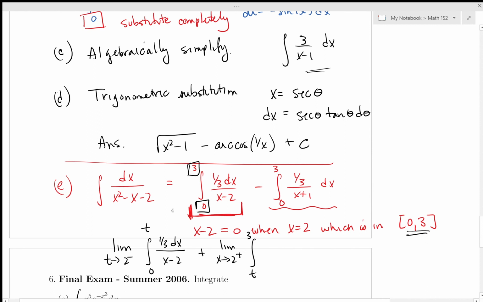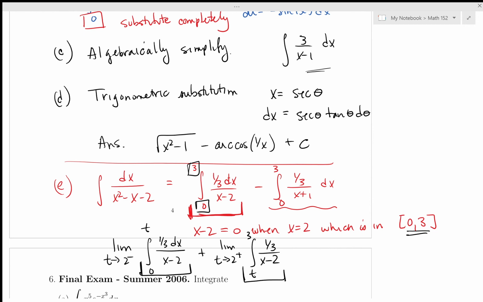So we're dividing the integral into 2, exactly at the spot 2 where there's a problem. Then we take the limit as t approaches 2 from either side, and we add those two things together. Now we have integrals that are legal, because between 0 and t the integrand is defined, and between t and 3 it's defined. So we're able to go ahead.